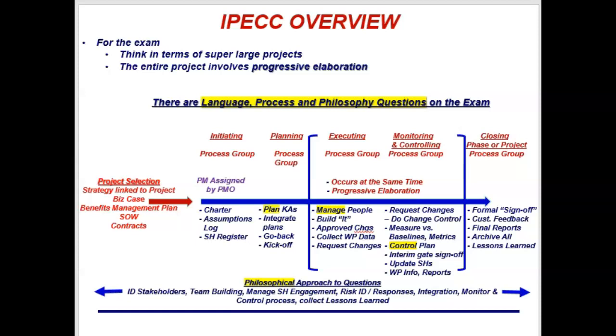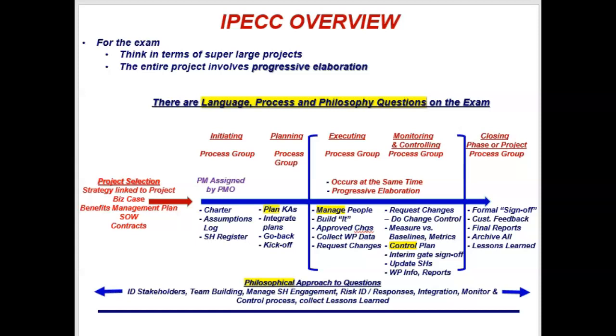So here's an example of that. In project management, if you look down in purple, right, it says the project manager is assigned by the project management office, or the PMO. Now, in doing that, one of the processes is to identify stakeholders. So by process, if I asked you, when do you identify all stakeholders?